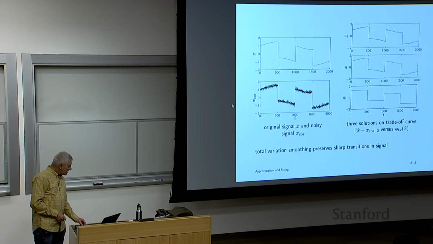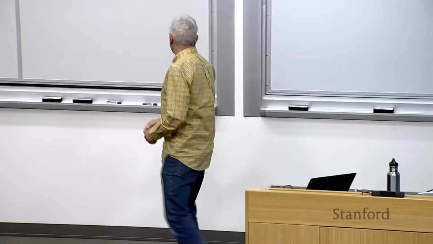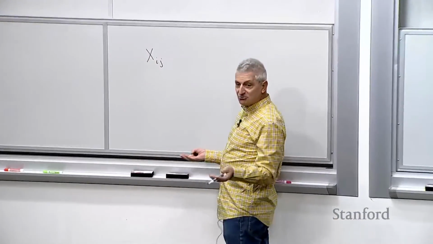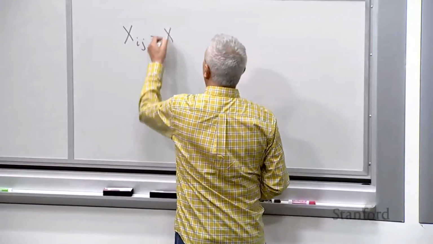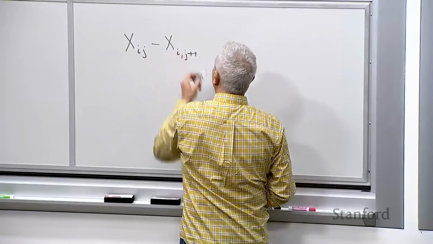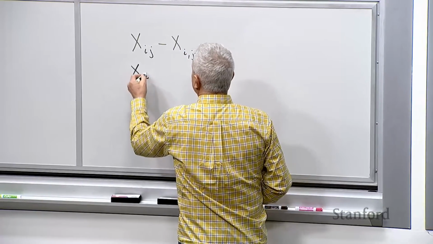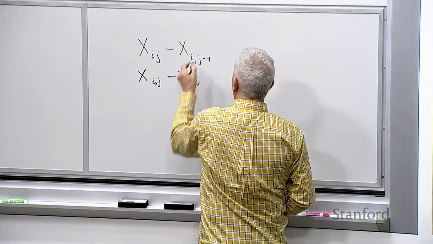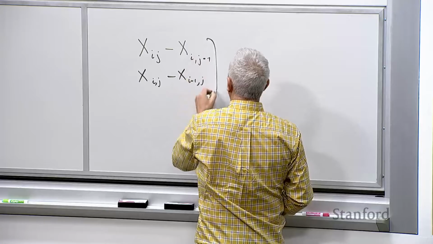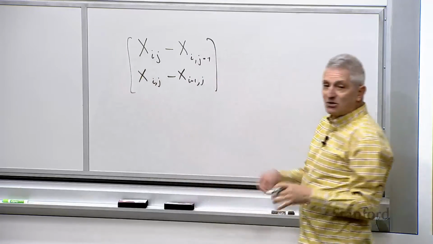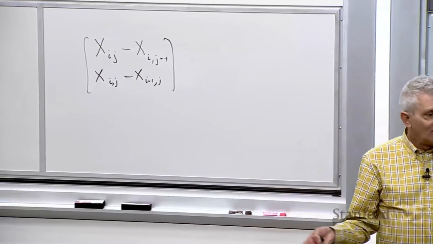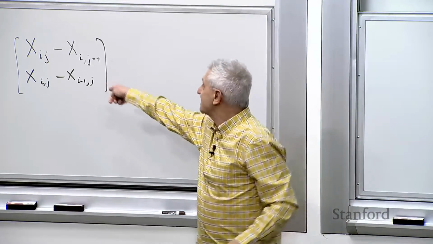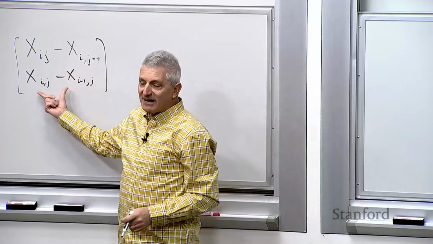You can take an image, let's say represented by a matrix, and you could do something like this: x_{i,j+1} minus x_{i,j}, and x_{i+1,j} minus x_{i,j}, right? And so you could take the norm of that and then sum it over all pixels in your image.